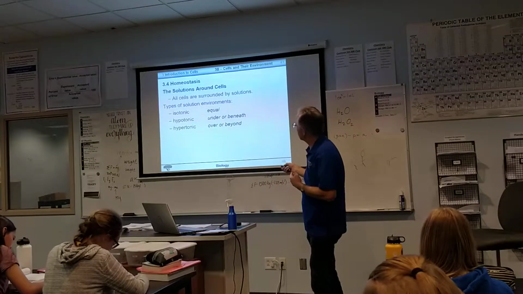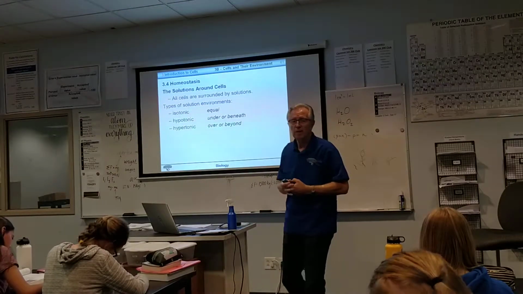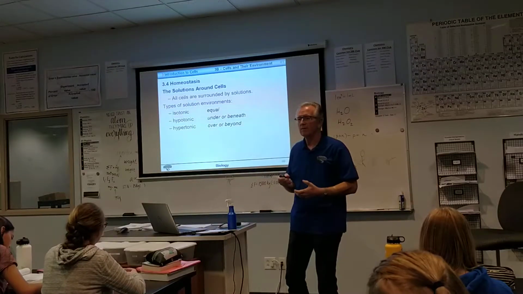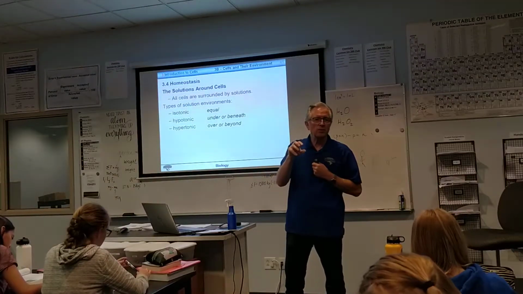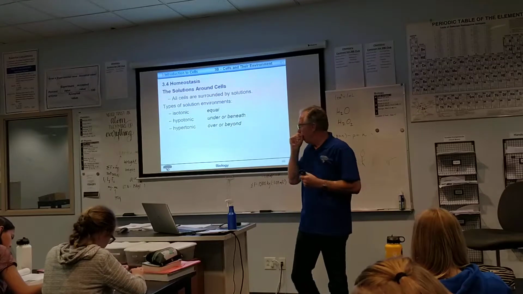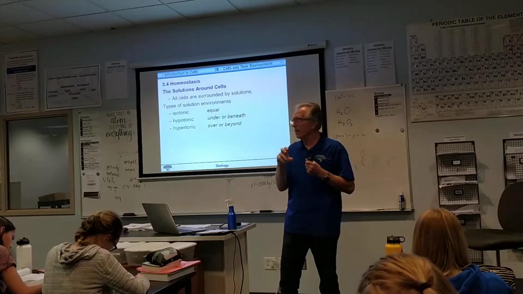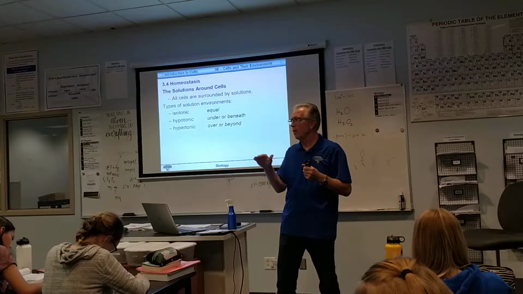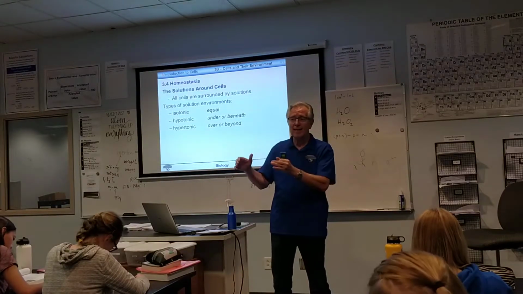The problem comes in when it's one of these other two. Hypo means under or beneath. That means the solution outside the cell has fewer particles dissolved in the water than inside the cell.